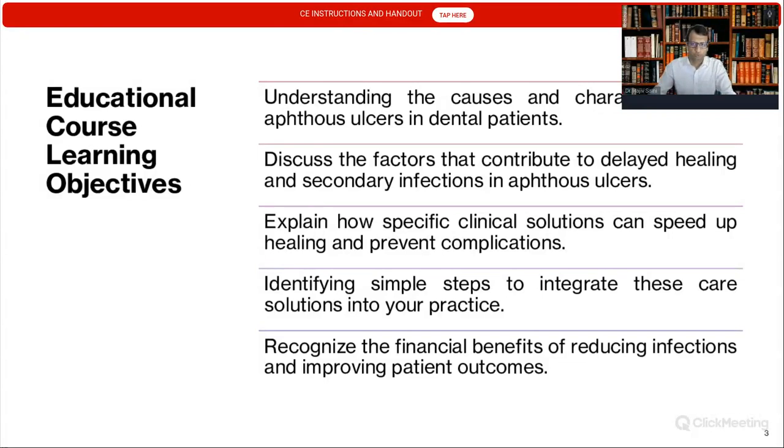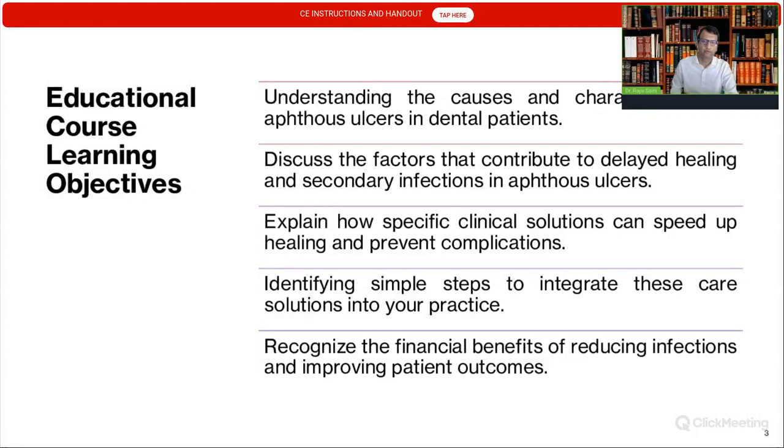These are the educational course learning objectives for today's seminar. We will understand the cause and characteristics of aphthous ulcers in dental patients. We will discuss the factors that contribute to delayed healing and secondary infection in aphthous ulcers. We will also explain and discuss how specific clinical solutions can speed up healing and prevent complications.